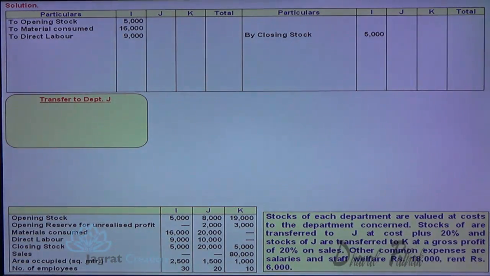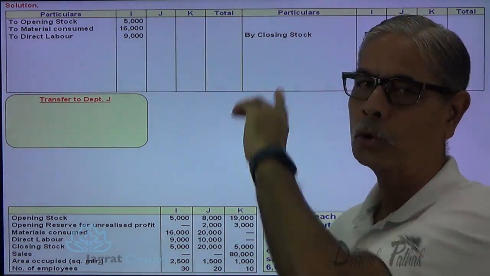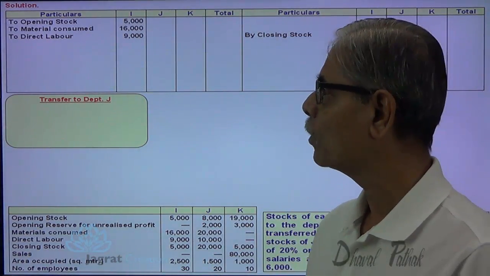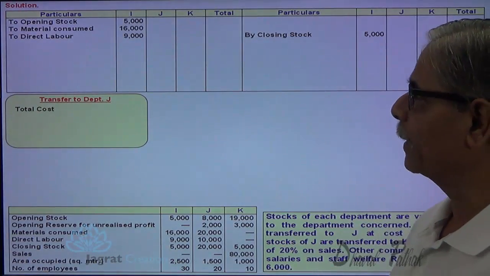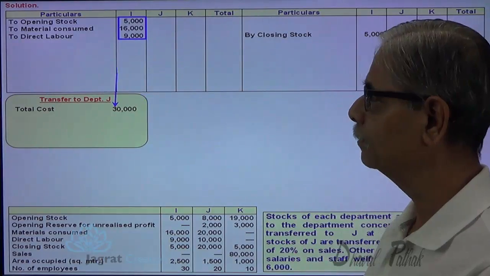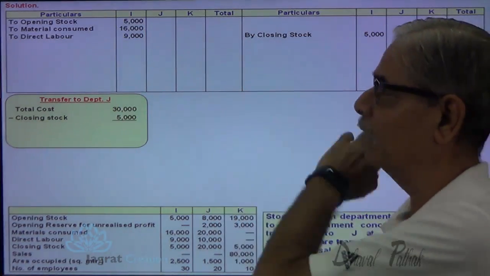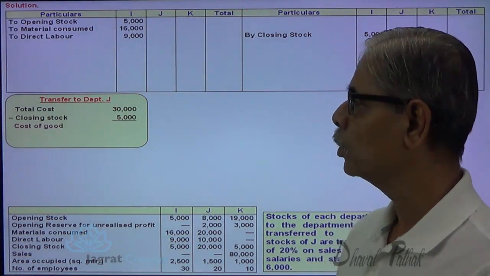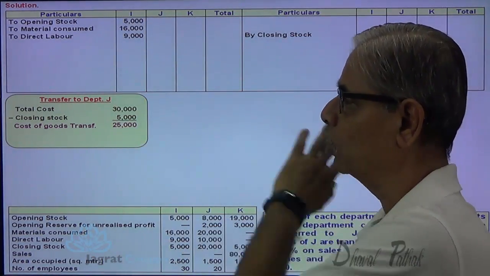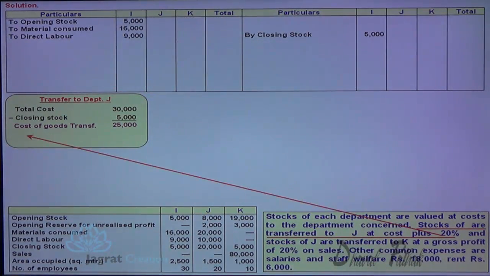Now the stocks are transferred to J at cost plus 20%. So from I, goods are transferred to J. So what is the transfer price? Total cost 5,000 plus 16,000 plus 9,000 minus closing stock, the stock left in the department itself. So here you will get the cost of goods transferred, and the profit to be added therein is 20%.